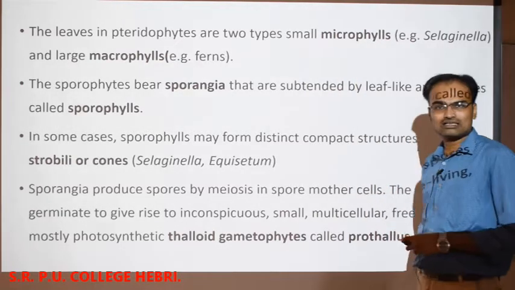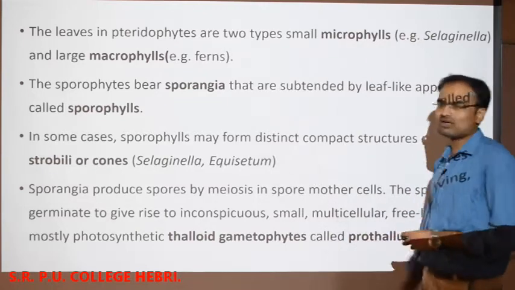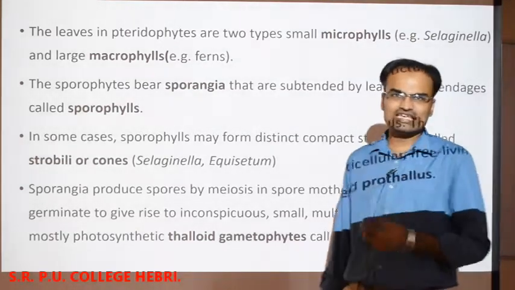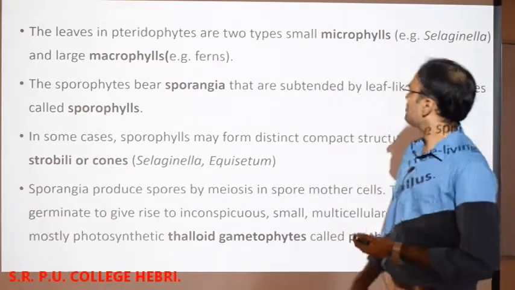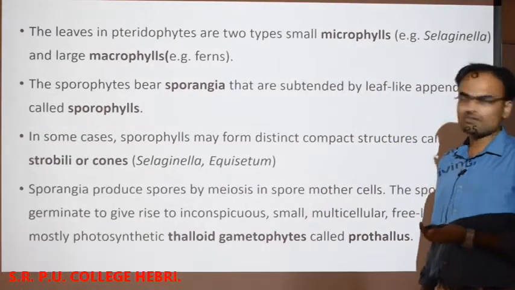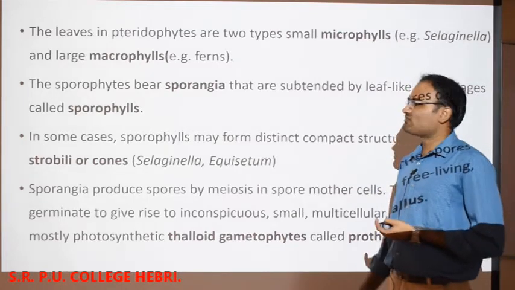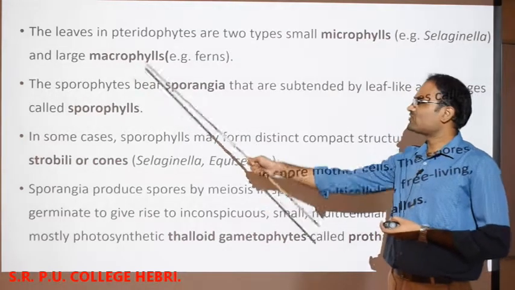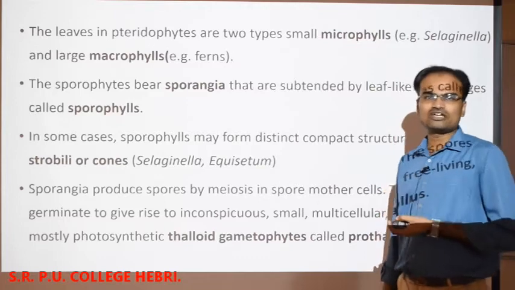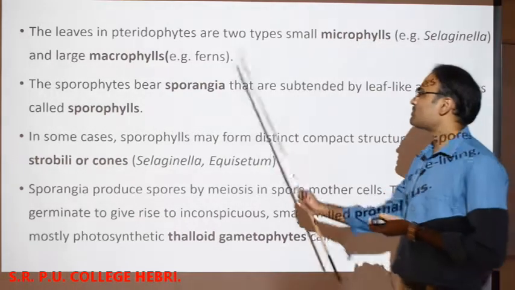Micro means small, and phyll means leaf; in biology, phyll is used for leaf. Microphyll is a small leaf structure, and large leaves are called macrophylls. Macro means larger, phyll means leaves. Some pteridophytes possess larger leaves, for example ferns.